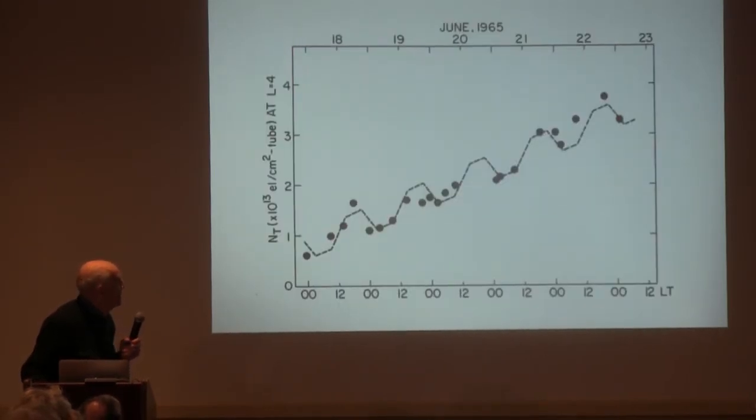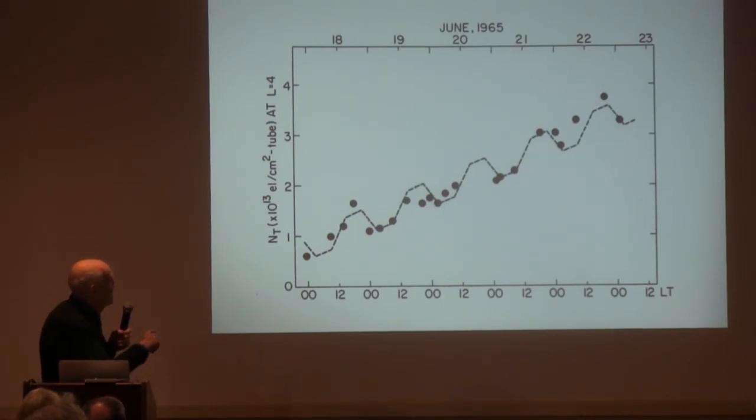And here are some calculations he made of the daily recovery of the density, the total content along plasma field tubes versus day back in June of 1965. These were his data points with a nice model of the increase in density, and then gradual recovery over an 8-day period.